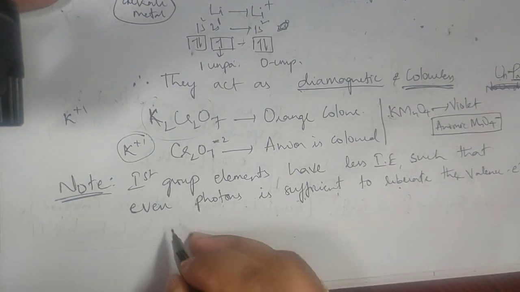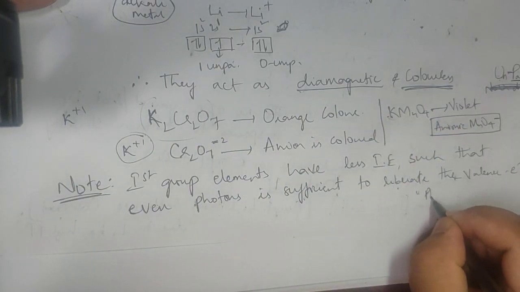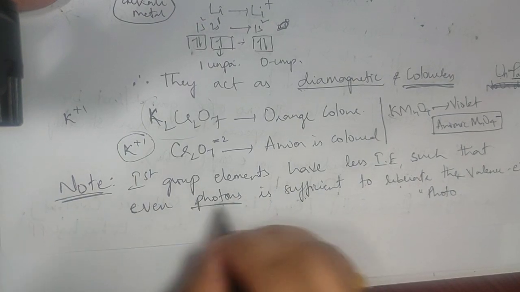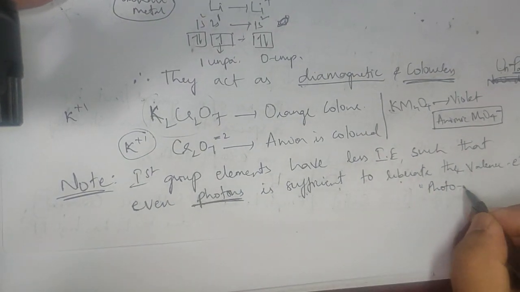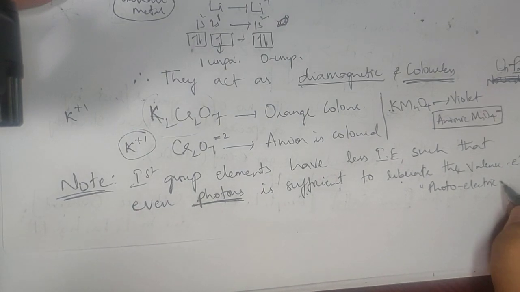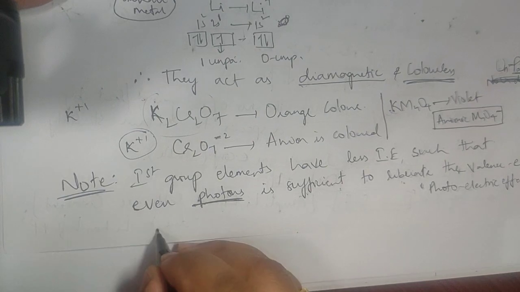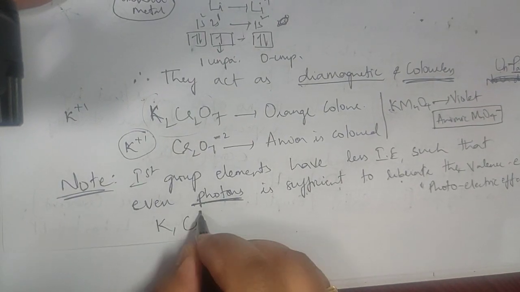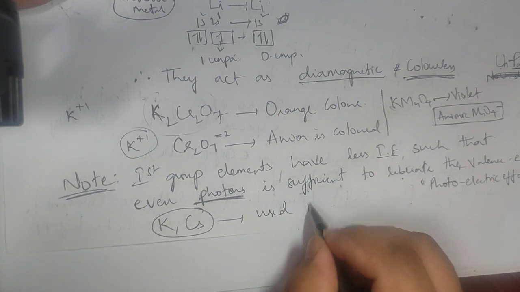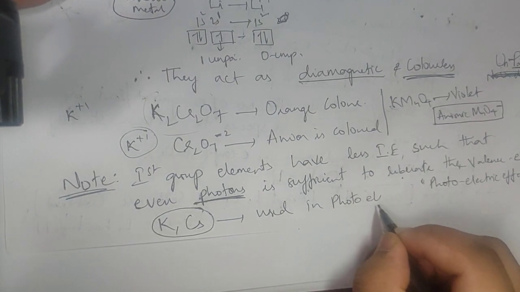This phenomenon is called the photoelectric effect, because electrons are coming out. Because of the photoelectric effect, potassium and cesium are used in photoelectric cells.